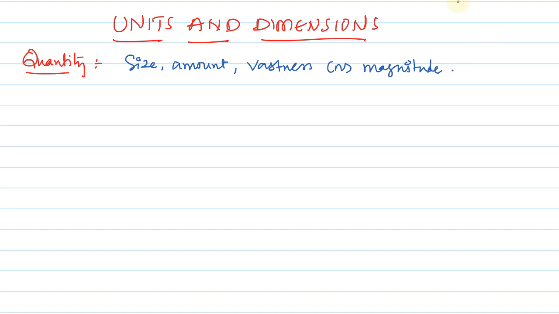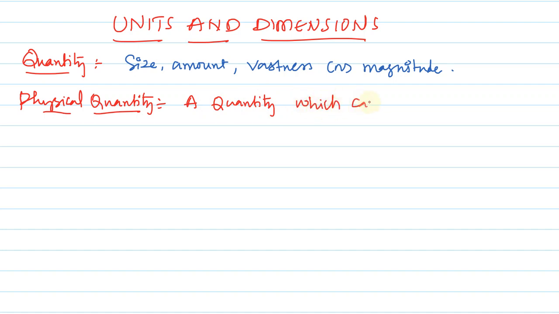So let's see what is a physical quantity. Let's define physical quantity in physics. A physical quantity is nothing but a quantity which can be measured. Examples: length.